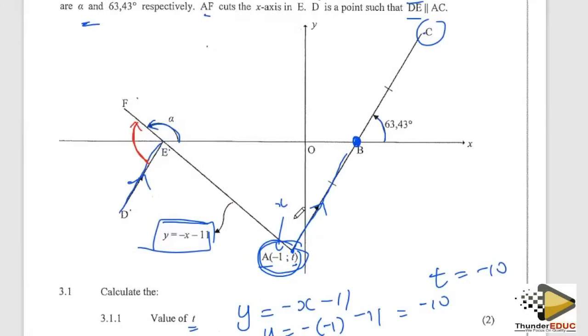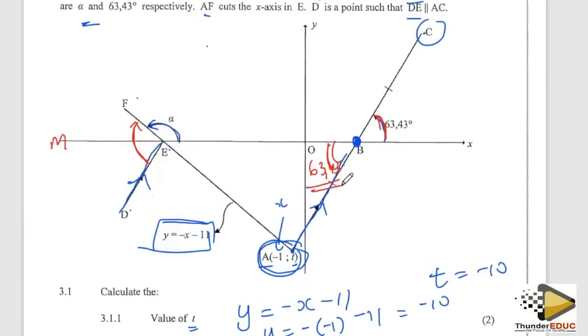All right, so what I can do, it's a two-way thing. If I call this maybe M, I know that this angle is 63.4, so this angle here is going to be 63.43.